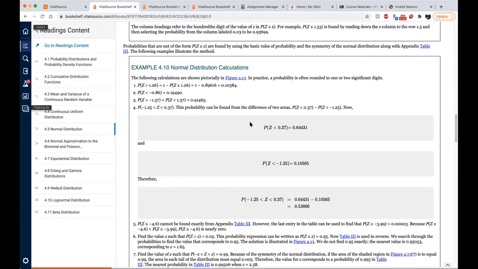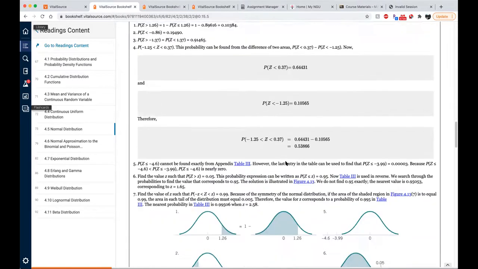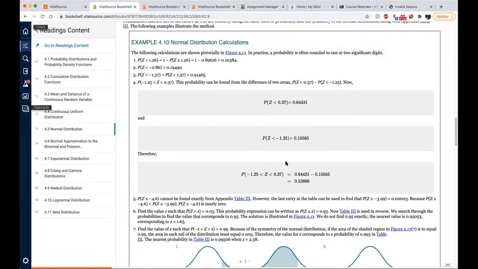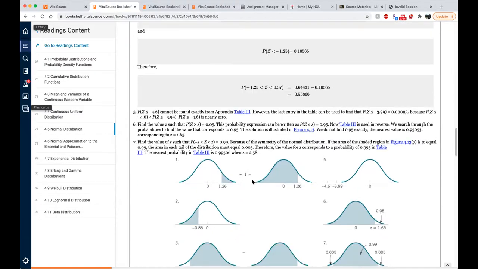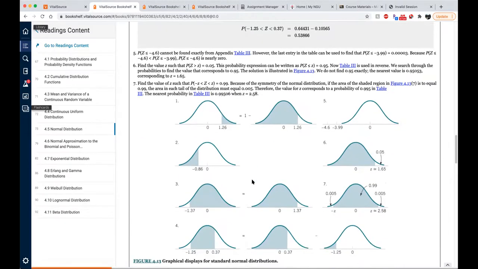For the example, let's say example 4.10, normal distribution calculation. They just show how to figure out the probability of a normal distribution using the table with some technique. But once you figure out how to use a calculator, you don't have to follow the way shown in that example.